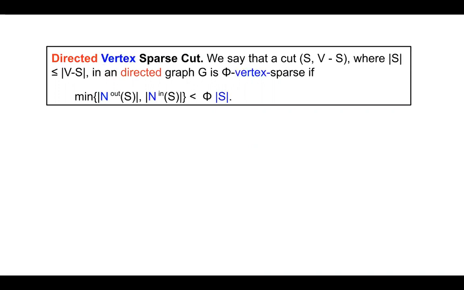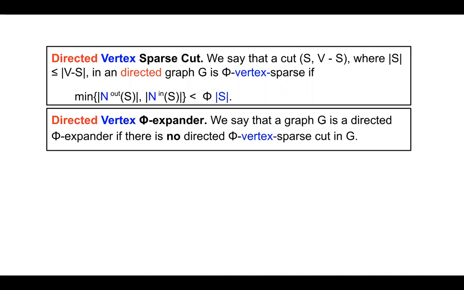So we could instead define directed vertex sparse cuts, and we could say that a cut S of vertices is phi vertex sparse if the out neighborhood and the in neighborhood of S is smaller than the number of vertices of S times phi. And this gives rise to a directed vertex phi expander, in the same way as we defined phi expanders.